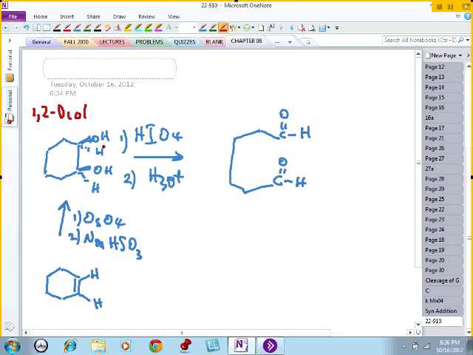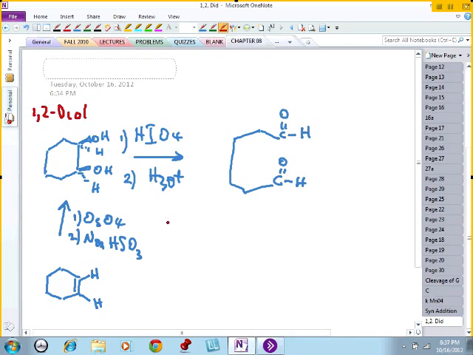We say 1,2-diol because it's almost as though we have two alcohols, and the two hydroxy groups are in a 1,2 relationship to each other. Once you form the 1,2-diol, you then take the iodic acid to cleave this bond. So the net effect is this carbon here becomes the carbonyl of an aldehyde, and this other carbon becomes the carbonyl of an aldehyde.